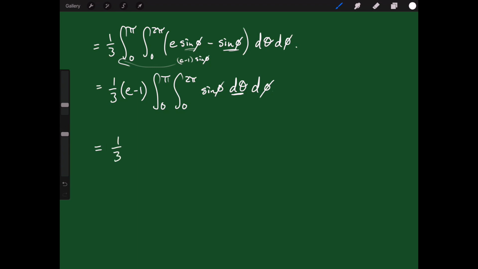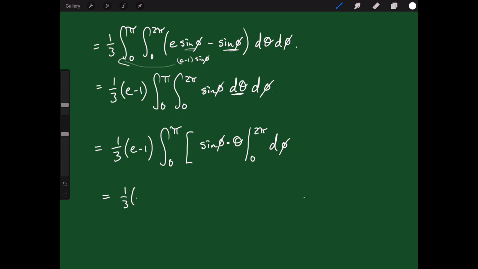So I get 1/3 e minus 1, integral from 0 to pi, antiderivative now of sine of phi is sine phi times theta, evaluated from 0 to 2 pi d phi, which is equal to 1/3 e minus 1, integral 0 to pi.